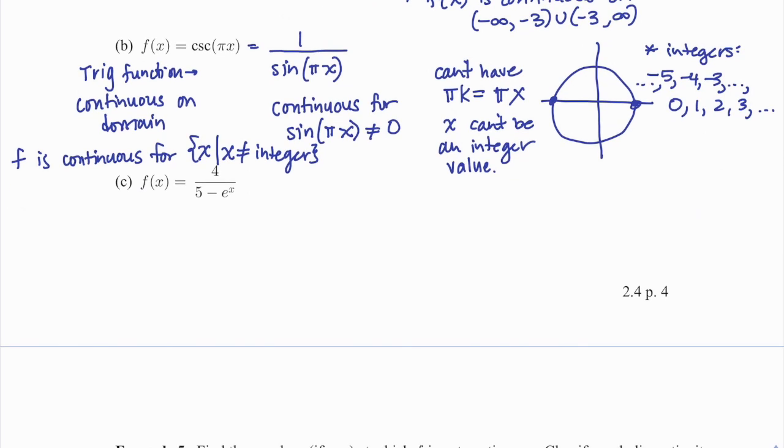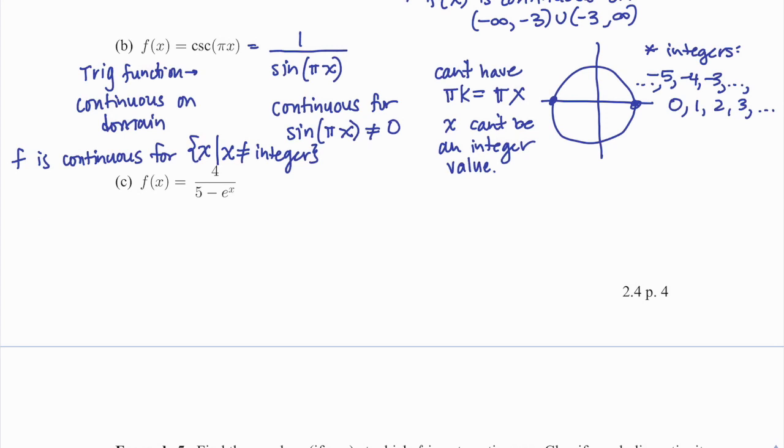All right, then the last one in this example, we have f of x equals 4 over 5 minus e to the x. And again, we have combinations of just constant functions like 4 and exponential functions that are reflected and shifted up 5.